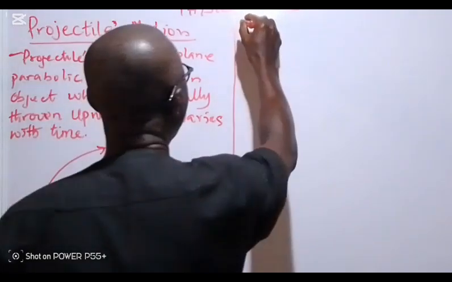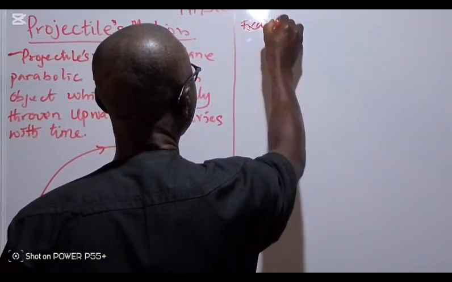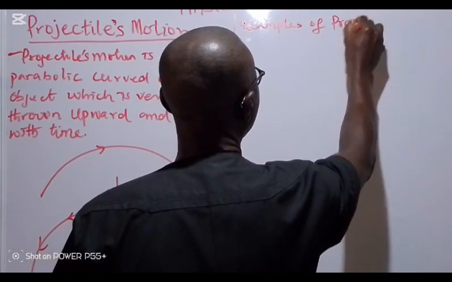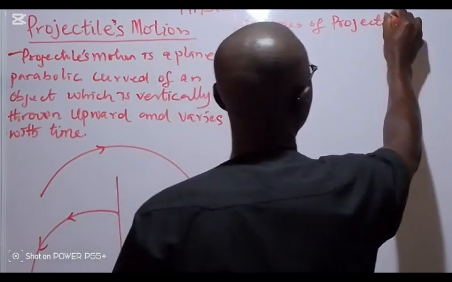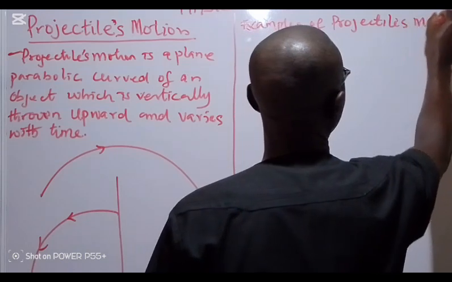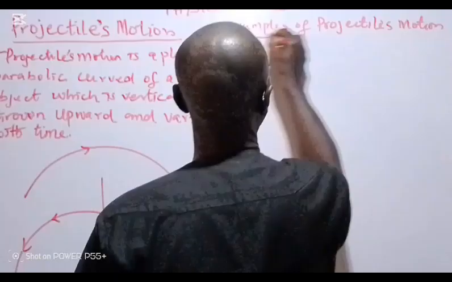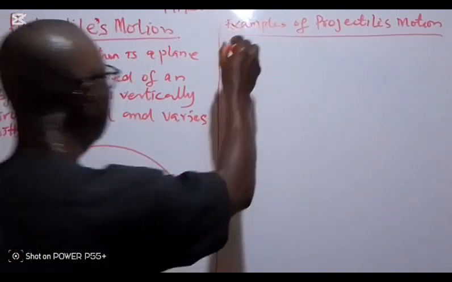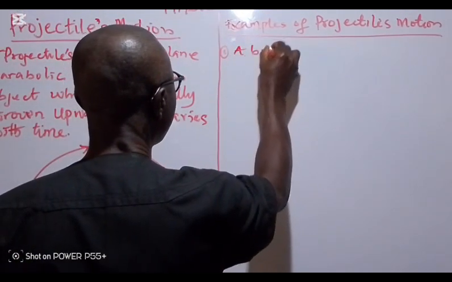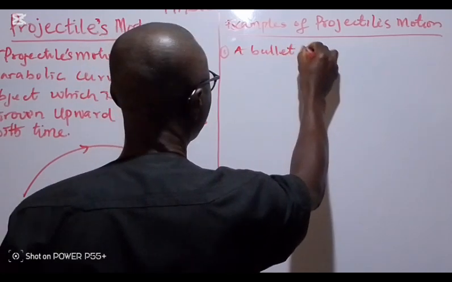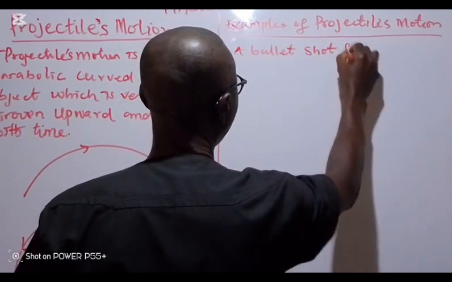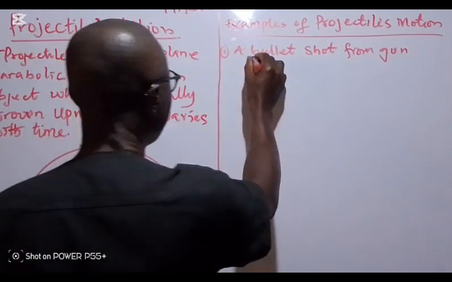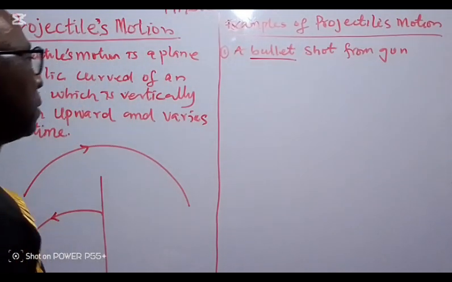Now, let's look at examples of projectile motion. One, a bullet shot from a gun.